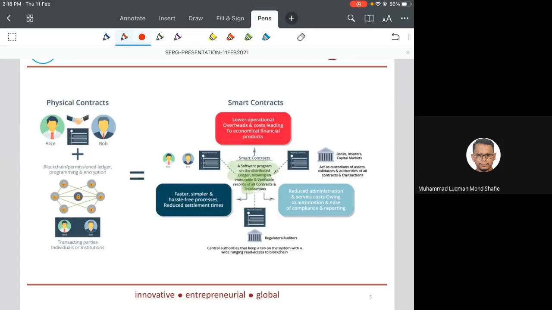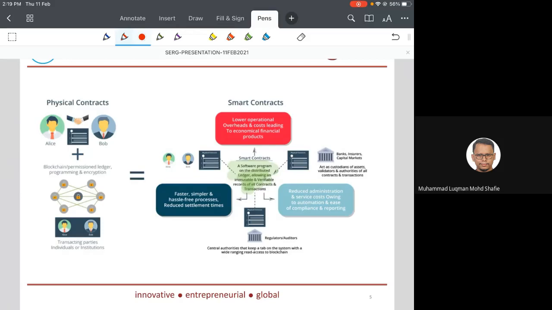For example, you want to go to KL and your flight is delayed about 2 hours. The contract states that if delayed 2 hours, the insurance company will pay you 50 ringgit.